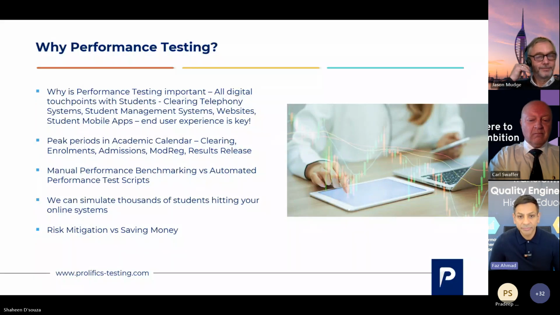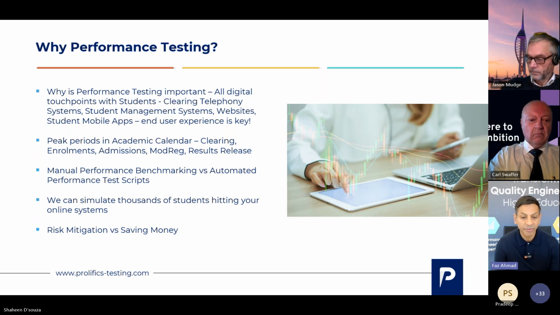When I speak to university customers, I often get asked the question, why is performance testing important? And the answer really is simple. It's all about user experience. In a time when universities are moving their services online and creating multiple digital touch points, we need to ensure students, staff, and partners can get access to the information they need.